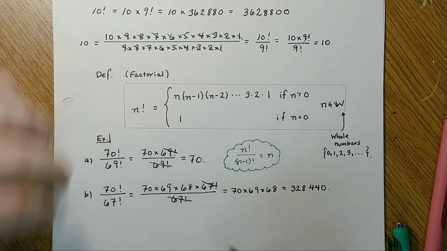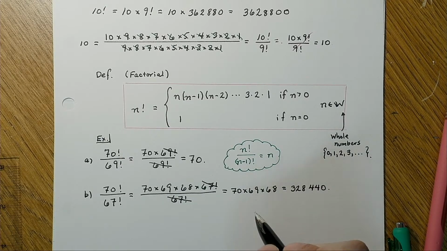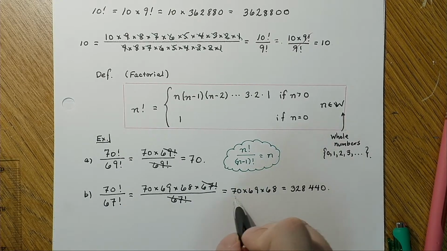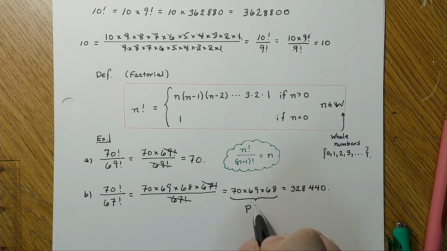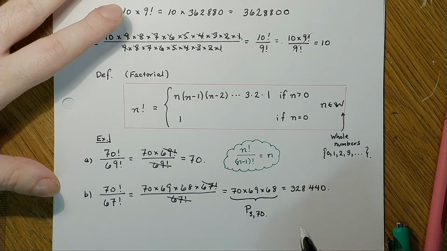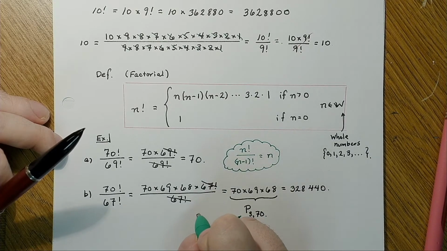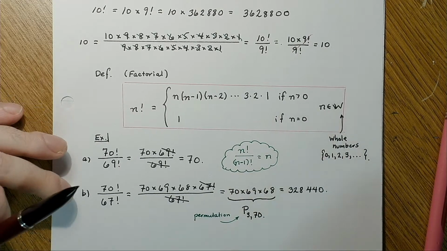There's still numbers like 70 times 69 times 68, which takes a little bit of time to write. So what they have come up with is we would write this as P, and we would say that there's a length of 3, so there's 3 of them, and it starts at 70. And what does the P stand for? It stands for permutation. We're going to talk about that in a moment.